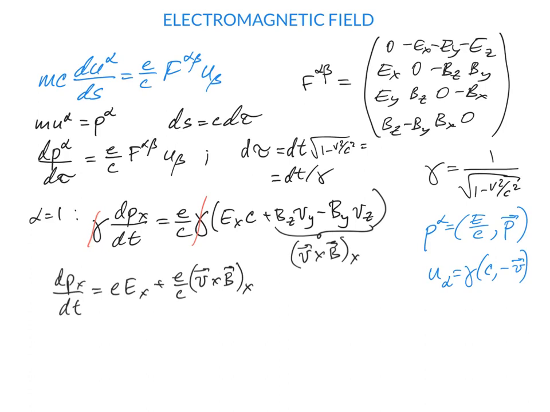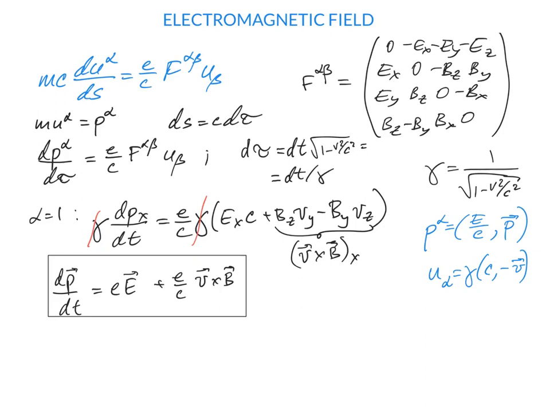The equations coming from alpha equal 2 and 3 will give similar equations for the y and z components, so we can simply rewrite this in full vector form, and this is the familiar Lorentz force. We have only looked at the space-like components of the equation of motion. The time-like component is not independent.